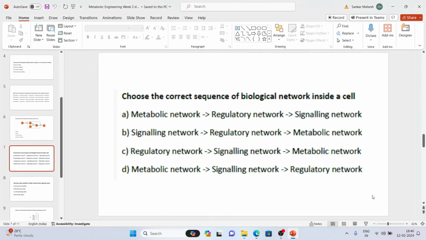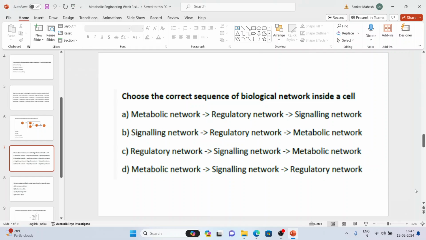Surendra, do you have an answer in your mind which you think is right? The options are: option A, metabolic network, followed by regulatory network, followed by signaling network. Option B, signaling network, followed by regulatory network, followed by metabolic network.